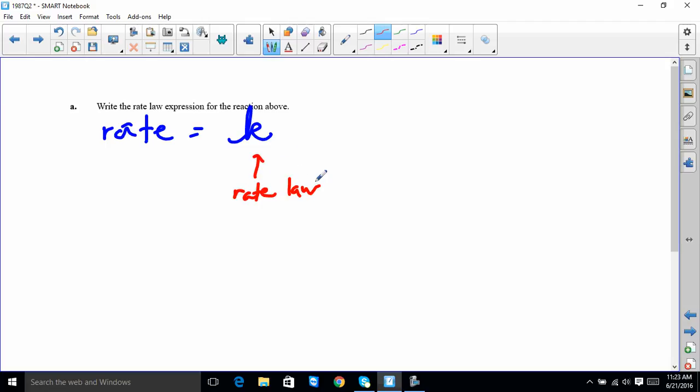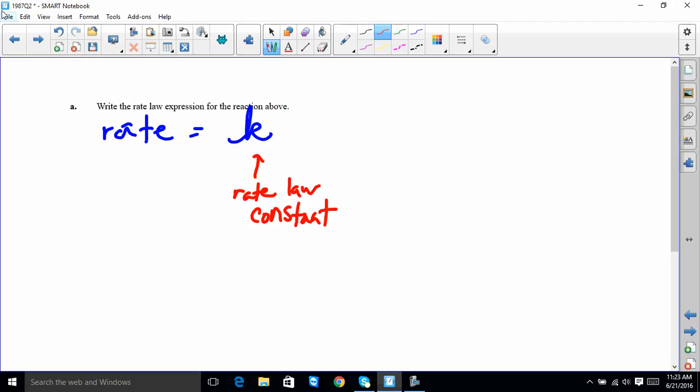So what you have to know is that tied up in this K is the temperature. Generally, as the temperature goes up, the reaction goes faster, and K gets bigger. As the temperature goes down, the reaction goes slower and K gets smaller. But the temperature, which affects reaction rate, is all tied up in K.